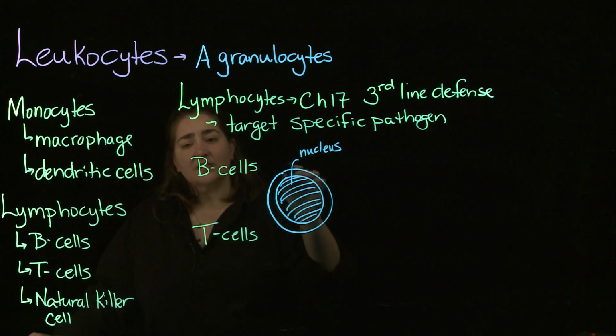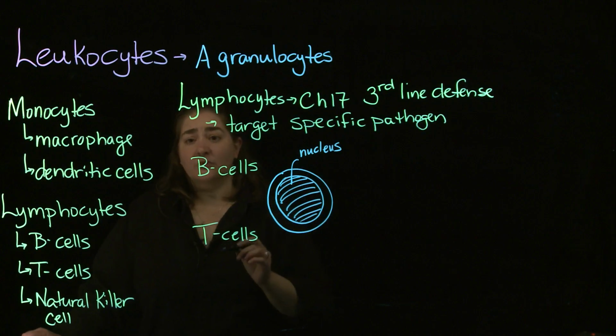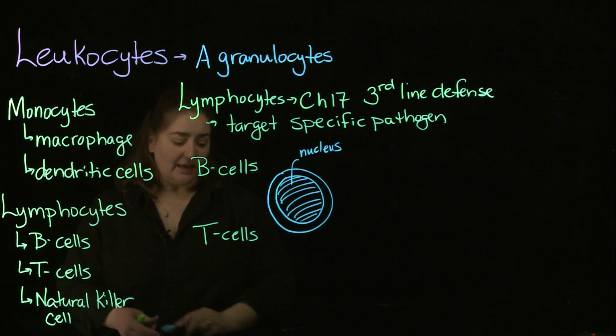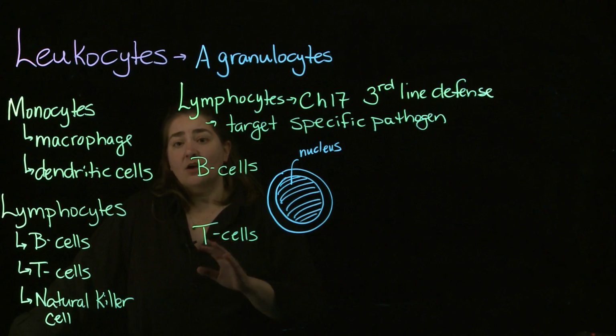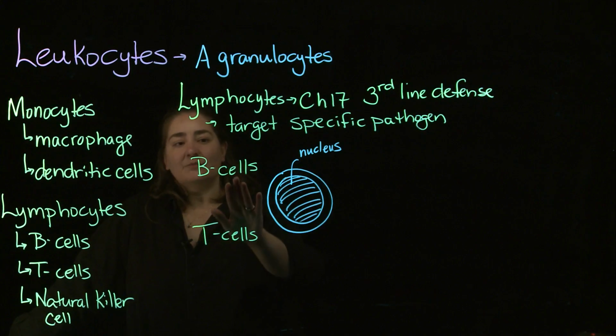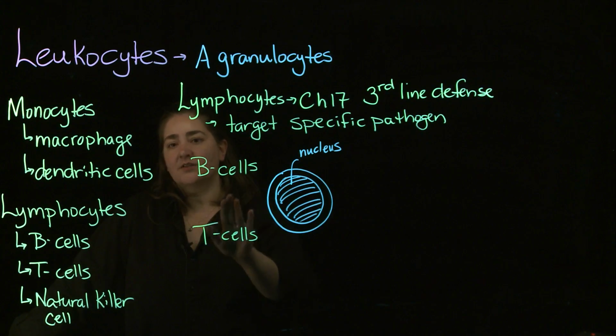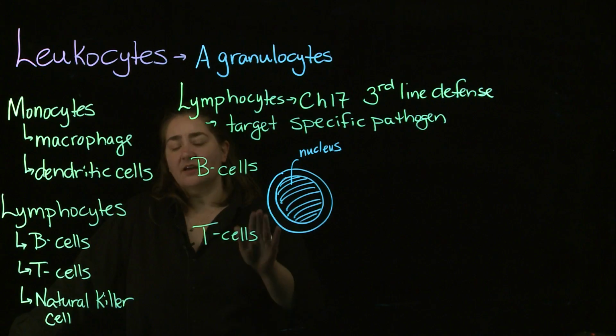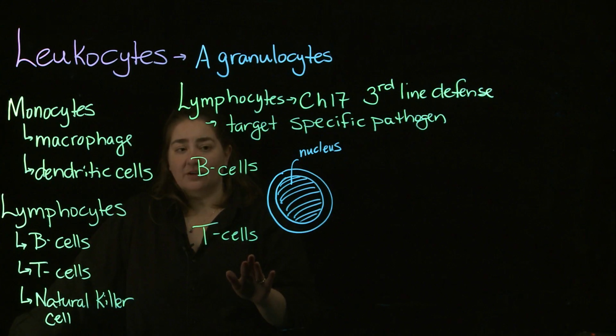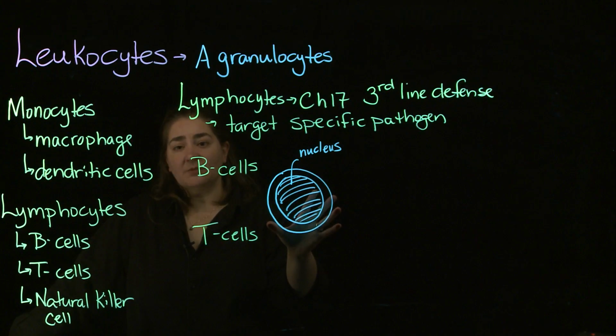There's a little bit of cytoplasm that surrounds the nucleus. Picking out a B cell versus a T cell on a blood smear is not something I'd ever have you do, because it's really hard to pick up a difference between a B cell and a T cell. You kind of have to label some of the tags that are on the outside of the cell to be able to distinguish them clearly. So they're going to look similar.